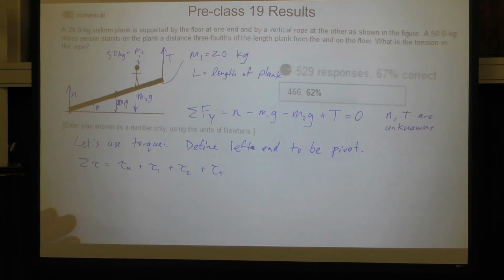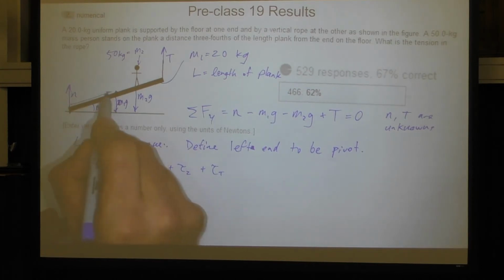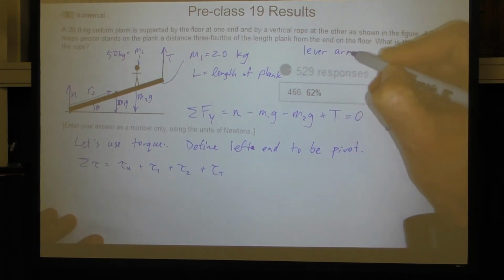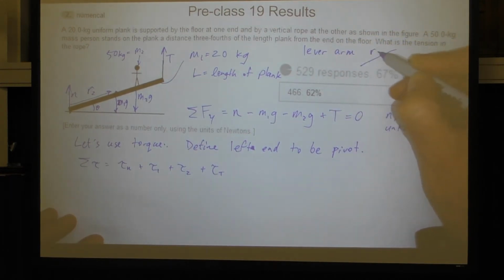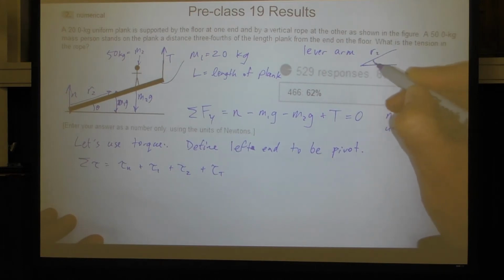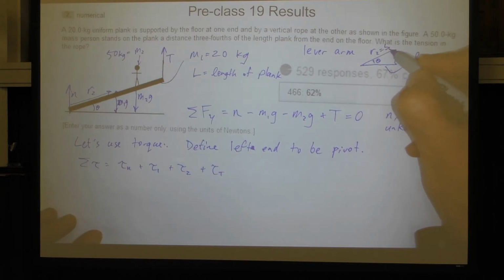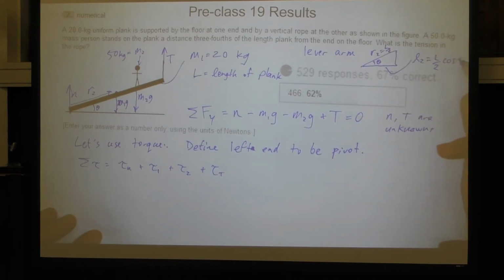And the other thing I'm going to do is calculate all the lever arms. So this is, I guess, R2, and the lever arm for R2, if this is theta, is L over 2 times cosine theta.